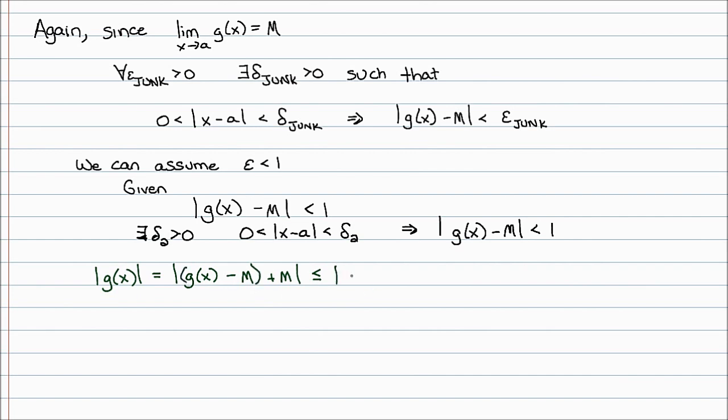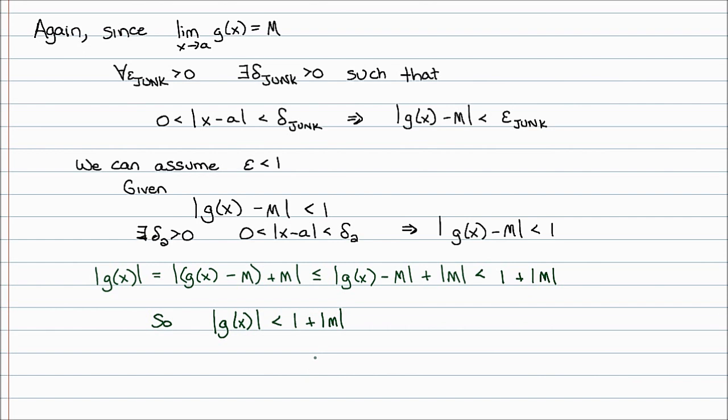In other words, that's less than the absolute value of g of x minus m plus the absolute value of m itself, which is less than 1 plus the absolute value of m. And that's a very important point here. So we know that the absolute value of g of x is bounded above by 1 plus the absolute value of m.